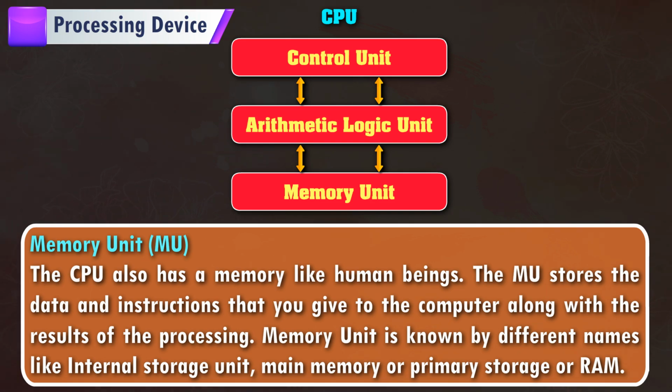The MU stores the data and instructions that you give to the computer along with the results of the processing. Memory unit is known by different names like internal storage unit, main memory, primary storage or RAM.